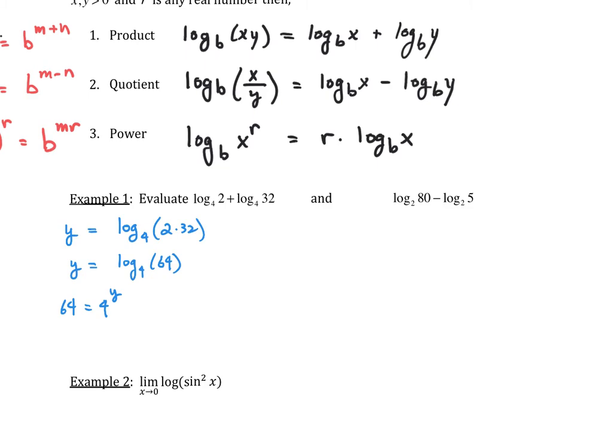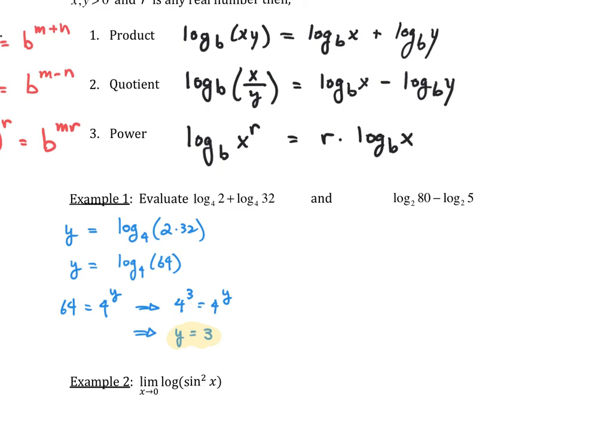Now the next thing I want to do is write both sides of that equation with respect to the same base. So we know that 64 is really 4 to the third power, and the right-hand side is still 4 to the y-th power. And then this tells us, because 4 to the x is a one-to-one function, the exponents must be equal to each other. So this tells us that y is equal to 3. And that's going to be our answer for the first part of the example.